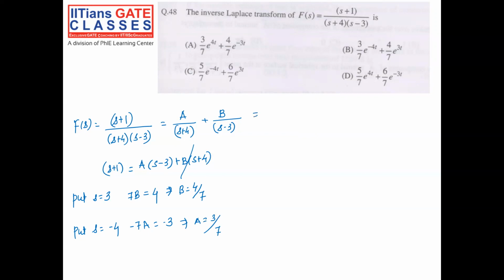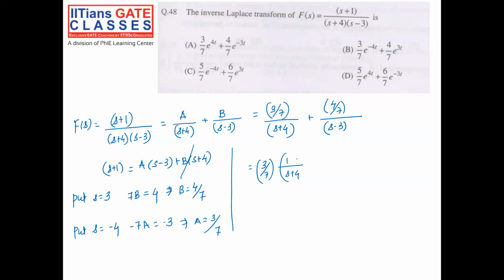So if you put this back into f of s, we will see it as 3 by 7 divided by s plus 4 plus 4 by 7 divided by s minus 3. Here we can consider 3 by 7 as a constant, so it is 3 by 7 times 1 upon s plus 4 plus 4 by 7 times 1 upon s minus 3. So this is our f of s now.